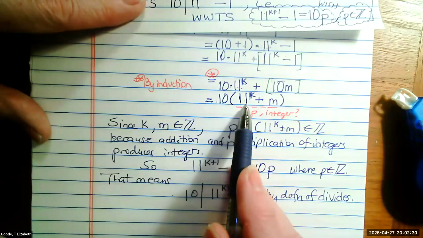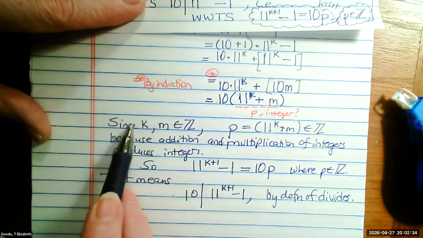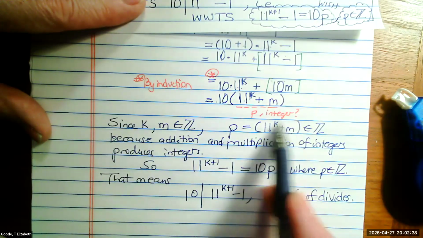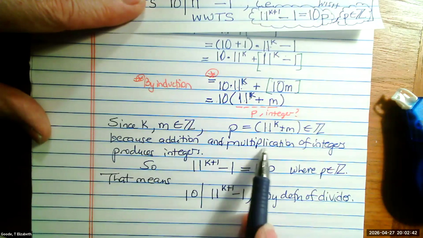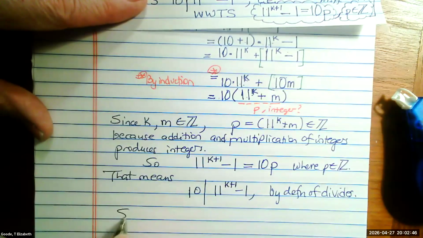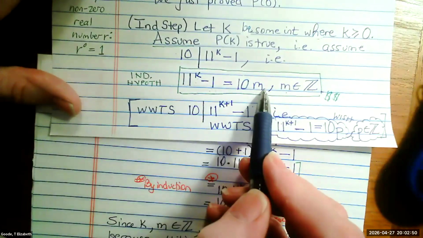We started with k and m. Of course, we know 11 is an integer. It's not a variable, so we don't have to say that. But if you wanted to say, since 11, k, and m are in Z, then this p that's built from 11, k, and m using addition and multiplication is also an integer. It's in Z. So in fact, we started with our induction hypothesis, p of k.